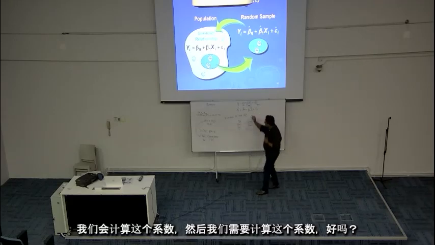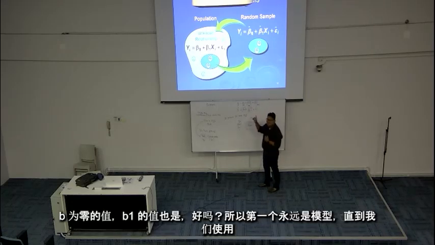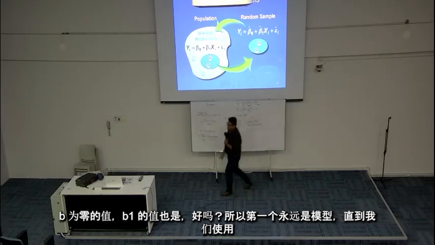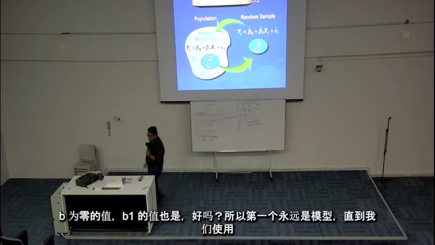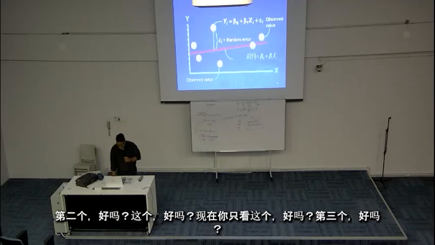Later we will calculate these coefficients, the value of b0 and also the value of b1. So the first one is always the model, and then we use the second one.